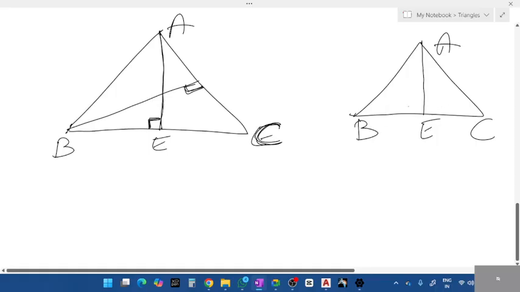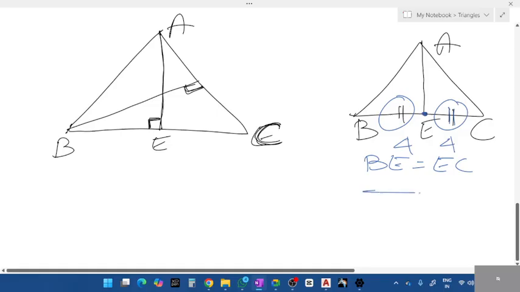What is AE? Is it a height or median? Median. Can you see I have given two lines here? What does this indicate? That BE is equal to EC. For example, let me take 4 centimeters. If both are 4 centimeters, where is E, students? Isn't E in the center? If the total value is 8, E is the center? Yes.